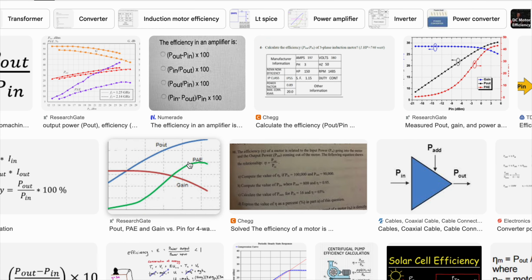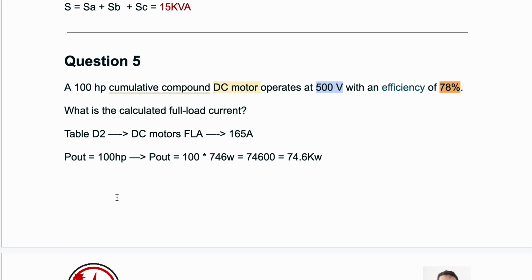Efficiency applies to everything that you have. As a human, you have your own efficiency. You have output, you have input, and the efficiency is how much good output you make relative to your input.